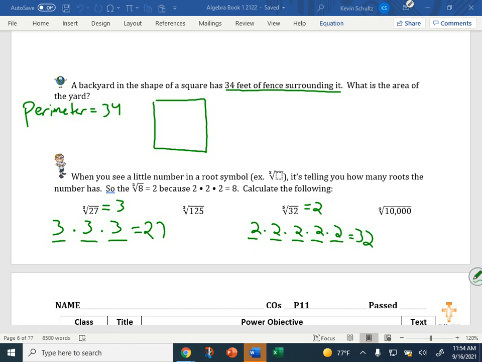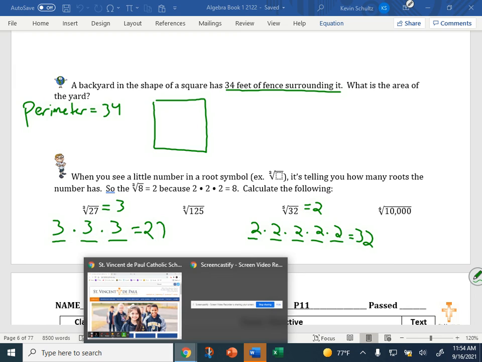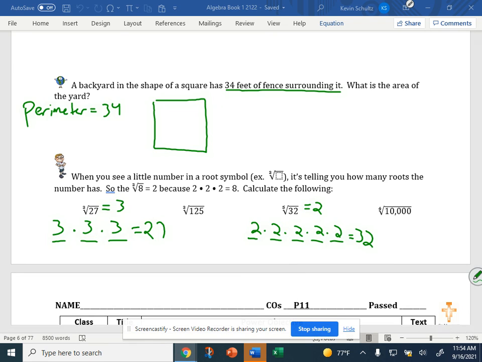And let me see if I remember how to pause this. Hold on. We're going to do that. Not sure if that paused or not.